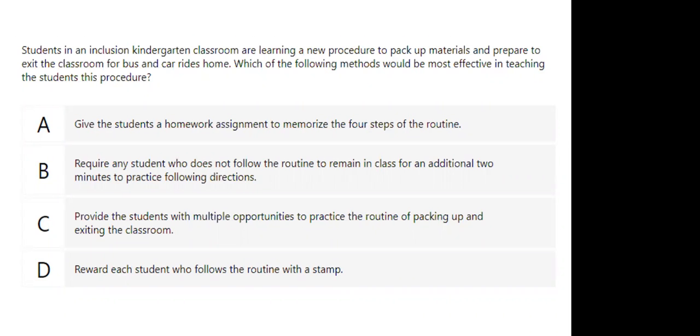I know your students don't want you to choose A. Give the students a homework assignment to memorize the 4 steps, not at the kindergarten level, not at any grade level. They're not going to want you to give them a homework assignment before it's time to go out the door. So let's see what the correct answer is for this one.